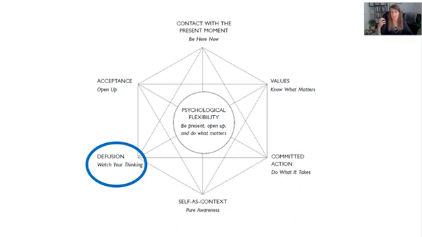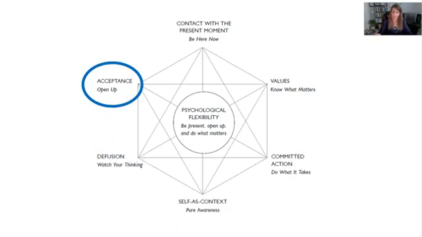And so then we just need to separate ourselves from those thoughts instead of changing them. And the opposite of diffusion, as you might guess, is fusion, like two hot metals fused together, for example. So we're wanting that separation where we watch our thinking. That is diffusion.